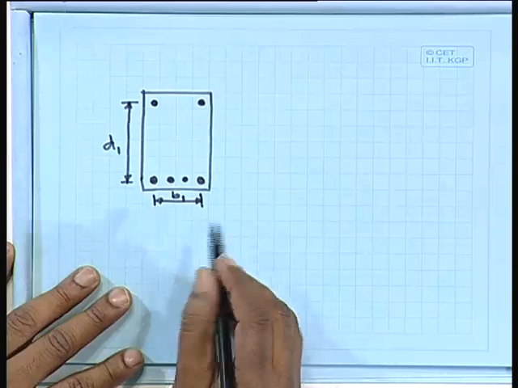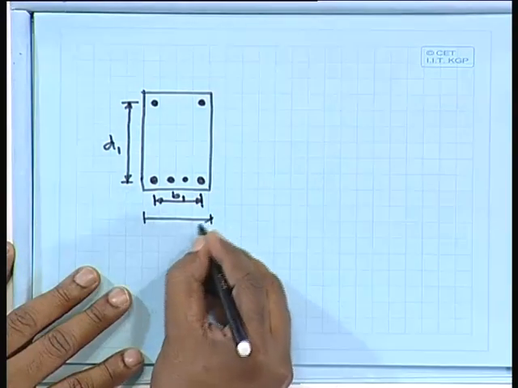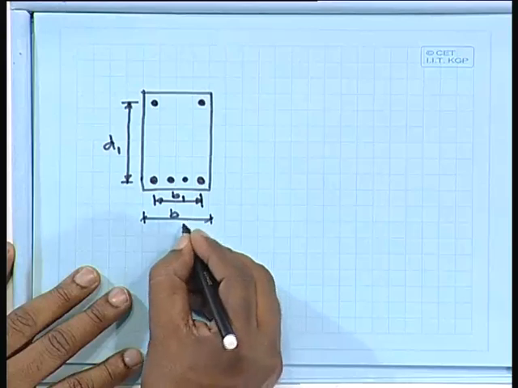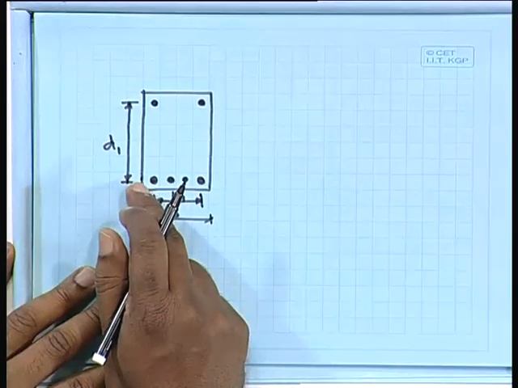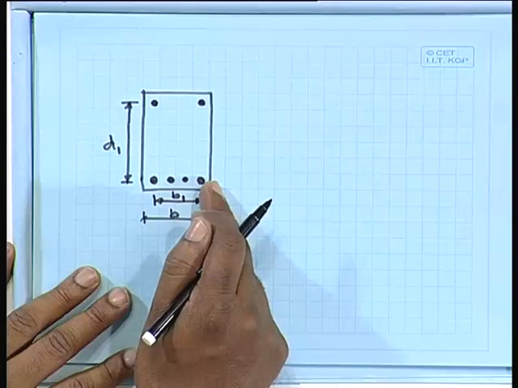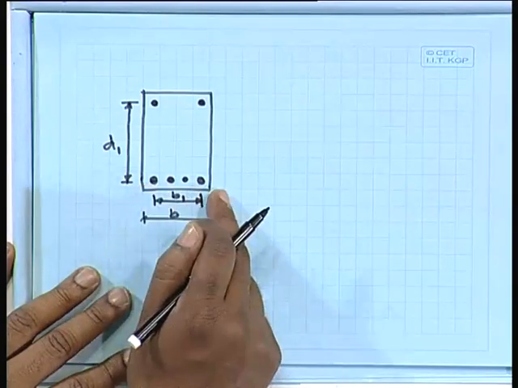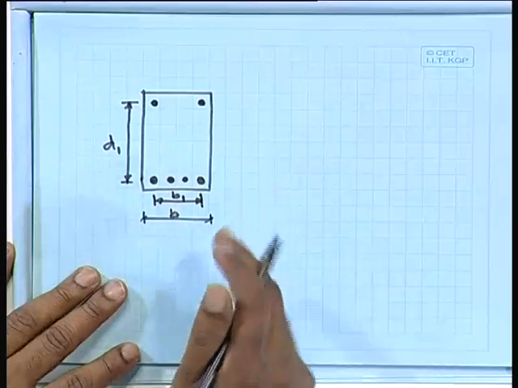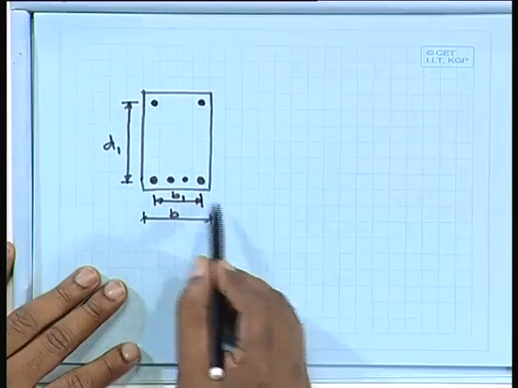So b1 will be equal to b, if this is your b, minus the clear cover on this side 25 millimeter, clear cover on this side 25 millimeter, minus half of the diameter here, half of the diameter, so that means 1 diameter. So, center to center distance of corner bars in breadth direction.